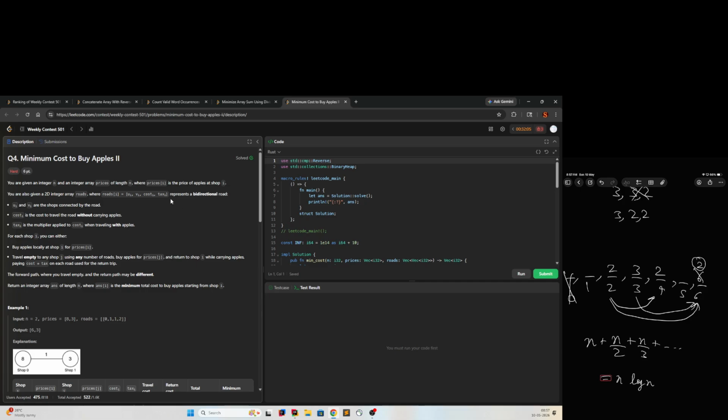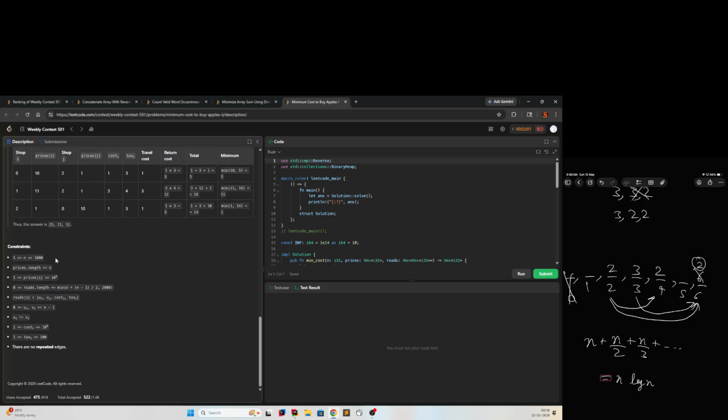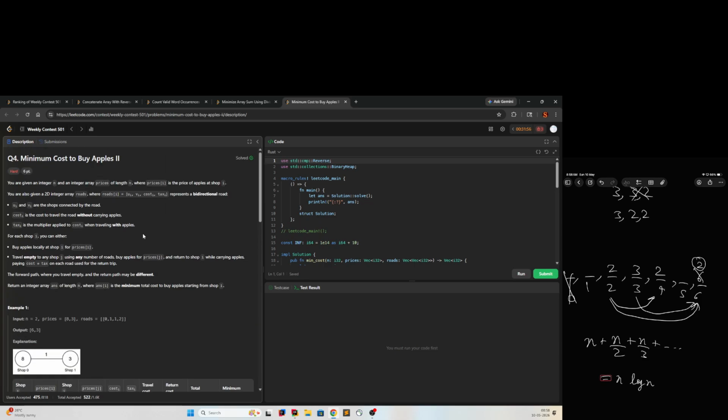Fourth one. This is also an implementation problem only, since the constraints are small. Here we are given a graph, and each edge has a cost and a tax.